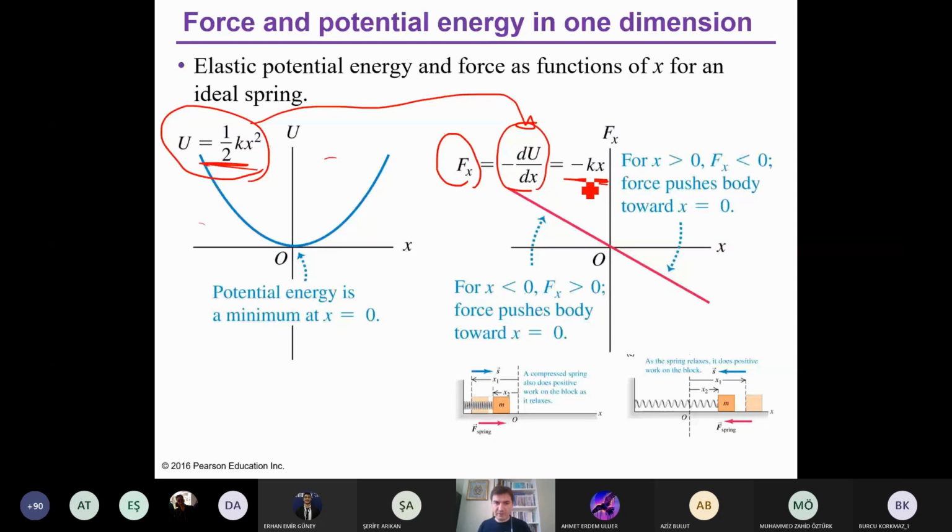Now let's have a look at the graph for F versus x. This is the x-axis, and this is the force axis, Fx. What do you see? If you increase the x, then force increases in negative direction. If you increase the x in negative direction, then force increases in positive direction. So this is the behavior of the force as a function of x.